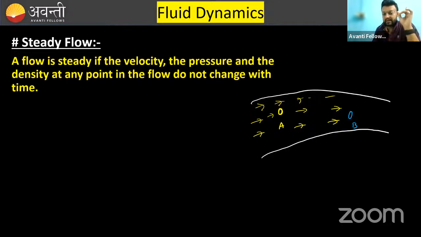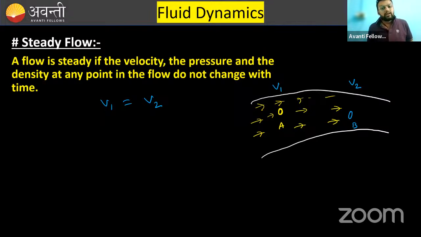Now there is a confusion that might be created in your mind with my sentence. Let's suppose all the particles at point A have V1 velocity and at point B have V2 velocity. Can you say that V1 is always equal to V2?